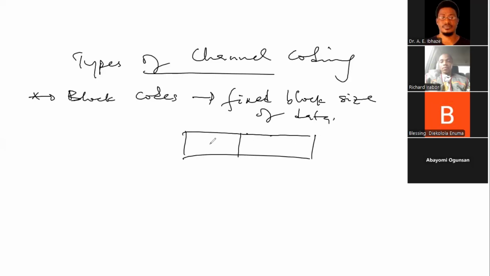where we have the message bit K, and then the block length is the total block length, say N, and then we add the parity, which is some value that removes the bit size from the block length, N minus K. So here, this is the message bit, and this is the parity bit.